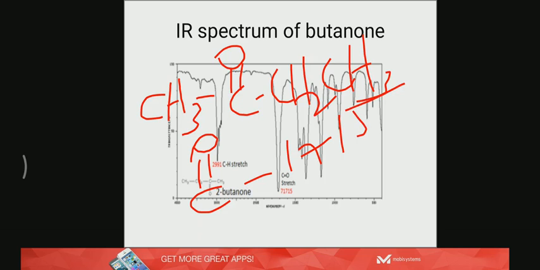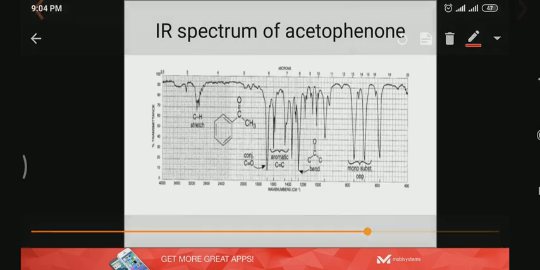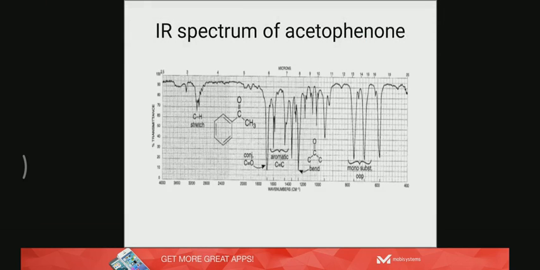And after that there is only CH stretching of sp3 carbon around 2850, and also there will be CH2 bending vibrations, bending frequency obtained at around 1450 as well as 1375.